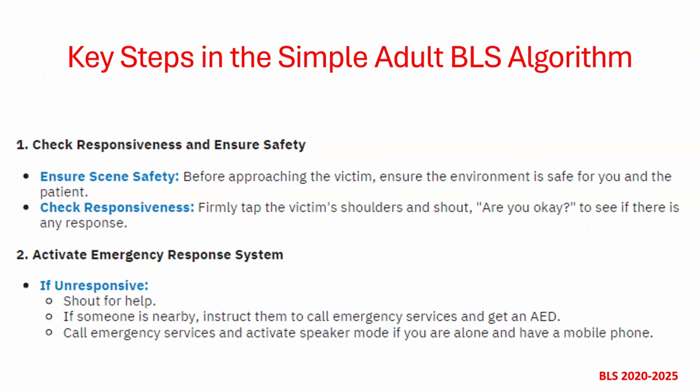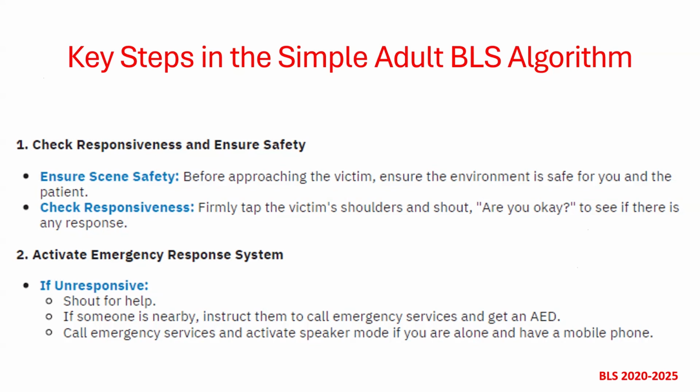That is safe for the patient and also for you. Check responsiveness. Firmly tap the victim's shoulder and shout, "Are you okay?" to see if there is any response. Use the local language so that the victim can understand. "Are you okay?" may not be understandable by all.